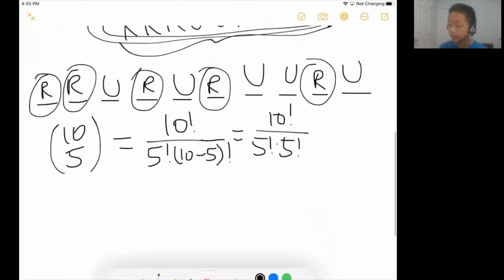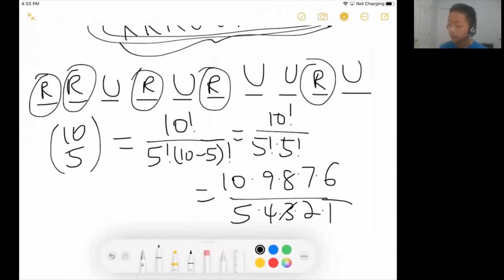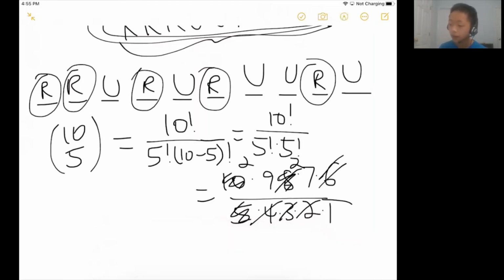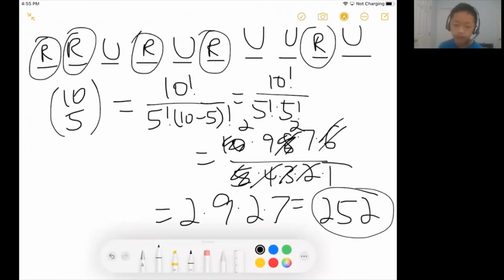This is equal to 10 times 9 times 8 times 7 times 6 divided by 5 times 4 times 3 times 2 times 1. The 3 and the 2 cancel with the 6. One factor of 4 cancels with the 8, and one factor of 5 cancels with the 10. If we simplify this, we get 2 times 9 times 2 times 7, and if you calculate this out, you get 252 as the answer.